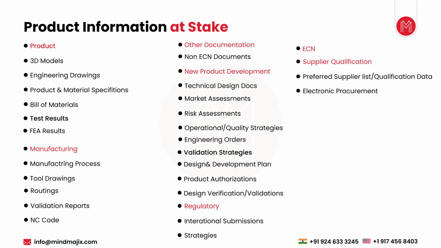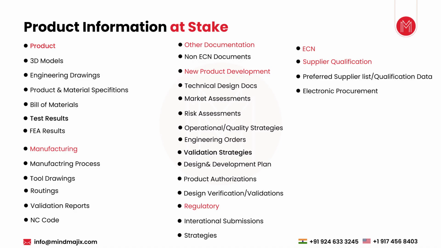For each product there is a lot of information. For example, from the product point of view: all its design documents, product material and specification, bill of material (BOM) details, whatever test results we get, or whatever analysis we do, such as finite element analysis.